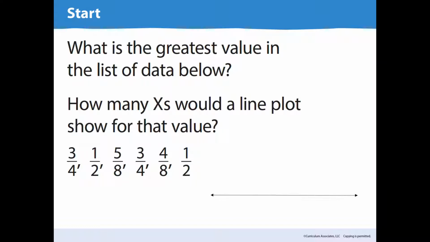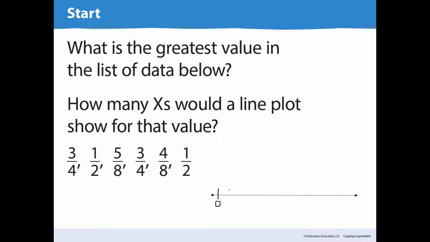Okay, I'm going to start by putting my line here for my line plot. And then I see that these can be measured in eighths. So the unit of measure I'm going to use here is eighths. So I'm going to start down here with 0.